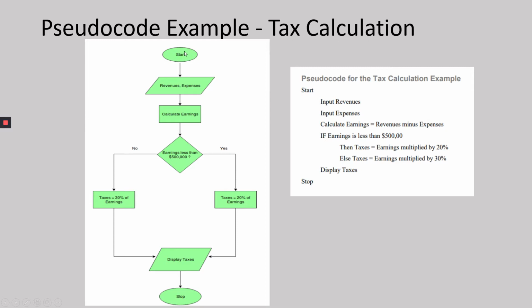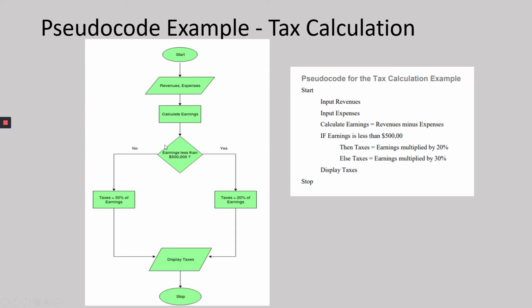We start with the oval symbol, and we end with the oval symbol as well. So this is a start, and this is an end. After the start we have revenues and expenses as input for this problem. The next step is that we calculate earnings, which basically means we use the revenues minus expenses. This is a calculation.